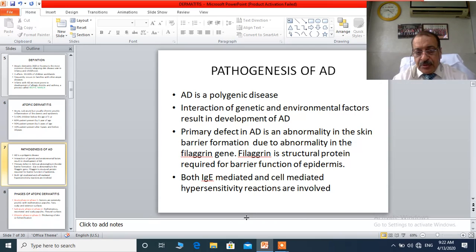So when there is disruption of this barrier, the organisms gain entry into the body and cause infections. When the filaggrin gene is defective, the structural protein filaggrin is not synthesized properly and is structurally abnormal, which leads to disruption of the barrier function of the epidermis. Both IgE mediated and cell mediated hypersensitivity reactions are involved.